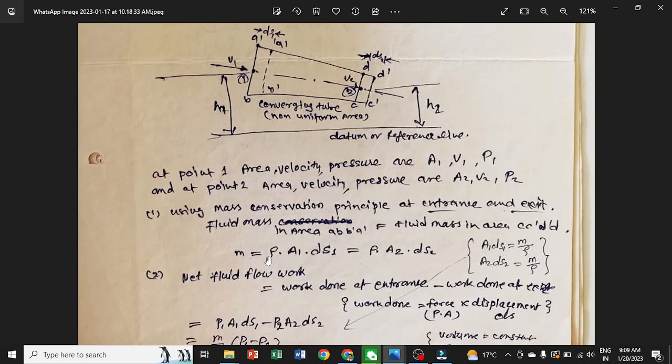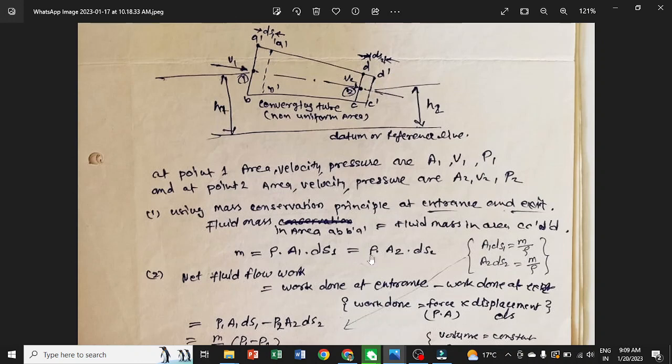Mass is always the multiplication of density, area and distance. So this is density, A1 is area and ds1 is the small distance of this section. Completely, it will be the mass of fluid at section 1. We will set it equal to the mass of section 2.